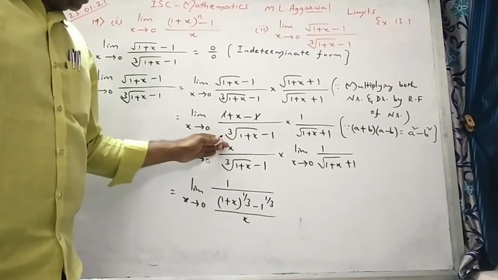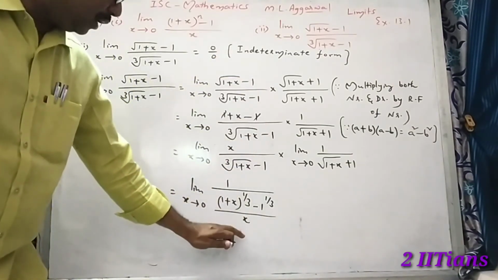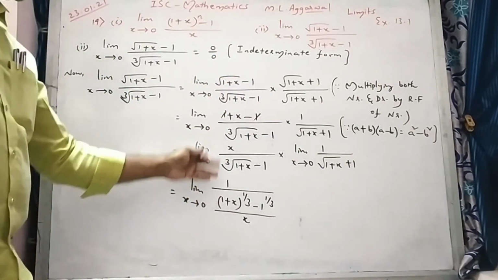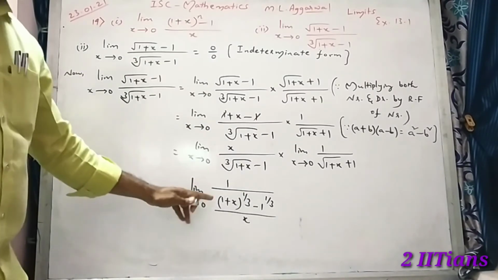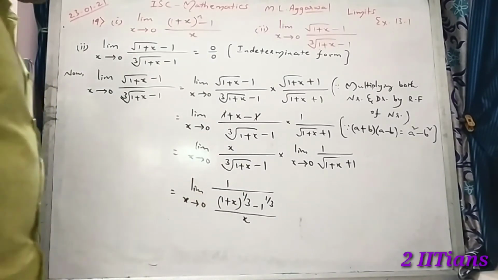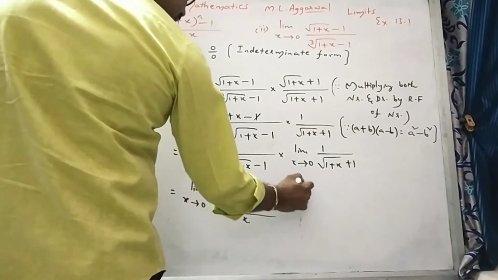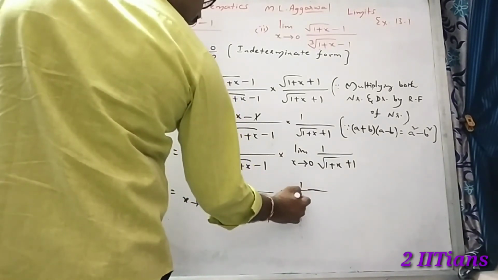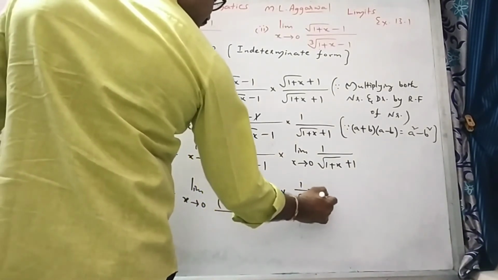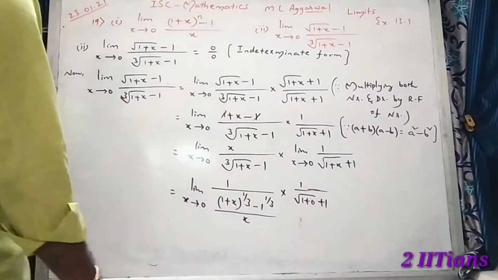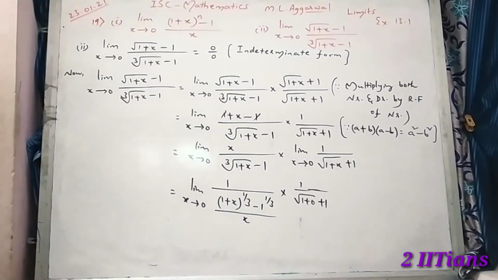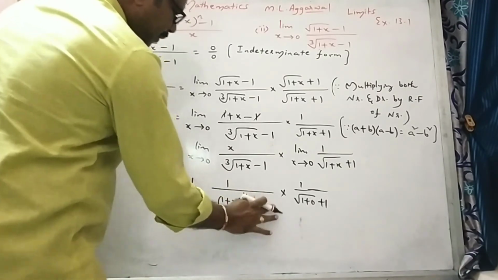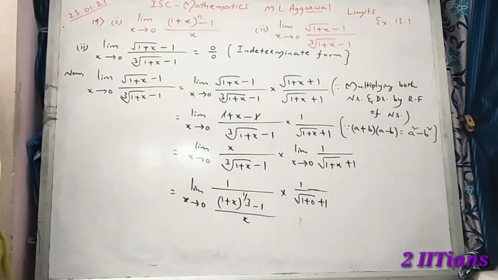In the numerator we have x, I brought it into the denominator. If you take it into the numerator, again the same step will come. So we can write like that, there is no problem. Here I will write limit 1 by root of 1 plus 0 plus 1. Okay. Now, if you remove also no problem, 1 power 1 by 3 means 1 only.